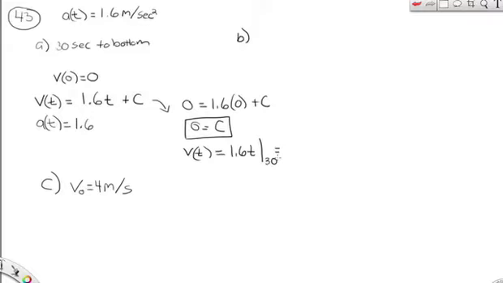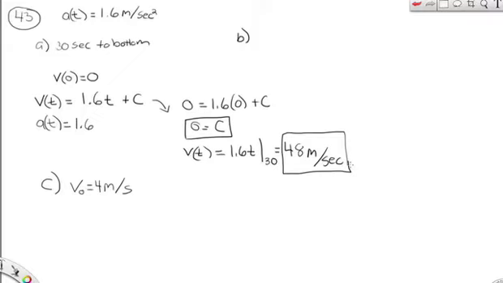So I do 1.6 times 30, and I get an answer of 48, units are meters per second. So there's the answer to part A.